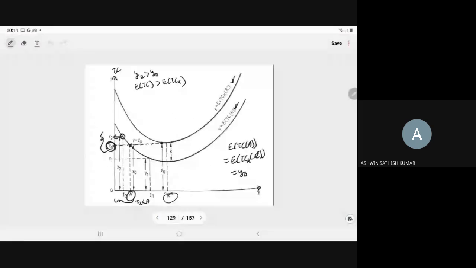If you take I1 as any value between A and R star, and you are not placing an order, the cost will be Y1.